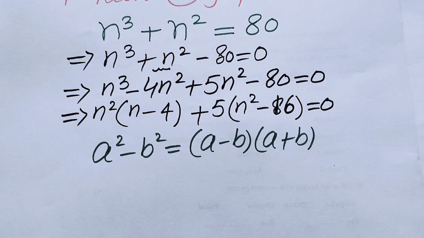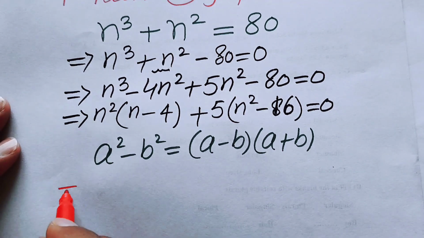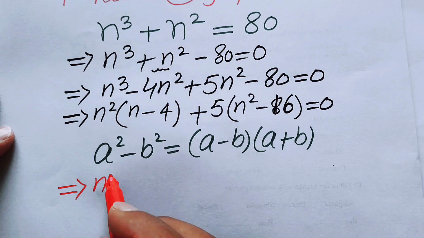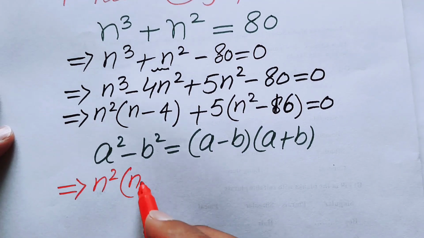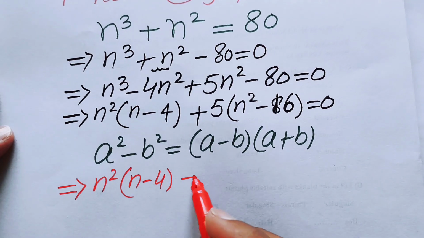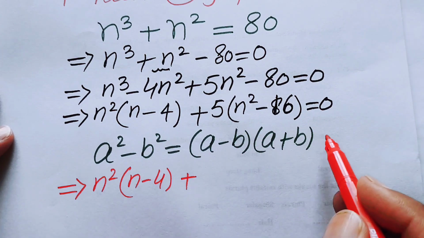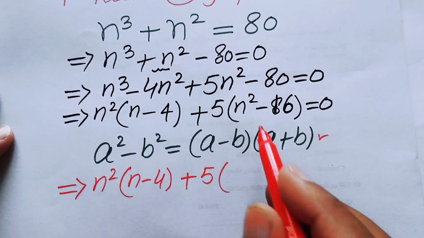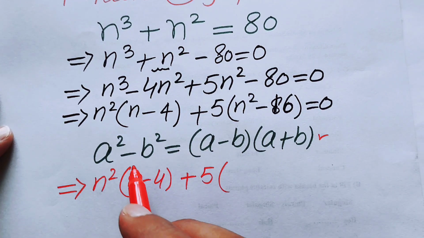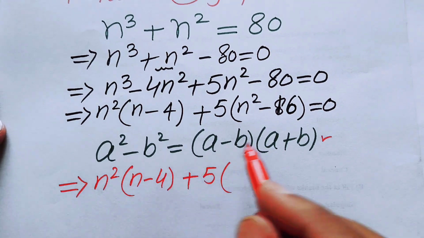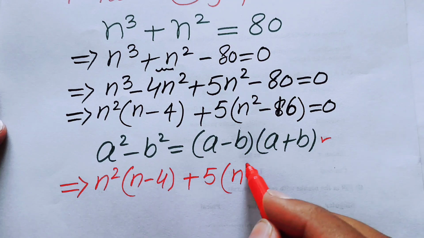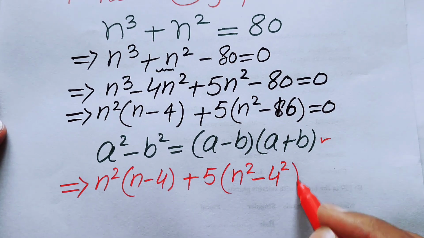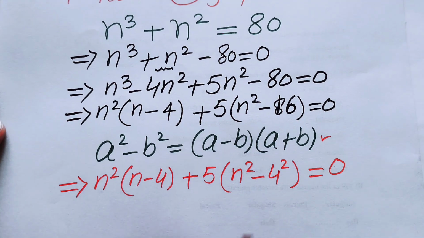After applying this formula we have n squared into n minus 4, plus we can apply this formula on these terms, and I can first write this term in the formula form, so that here we have n squared minus 16, and we will write the 16 as 4 squared is equal to 0.